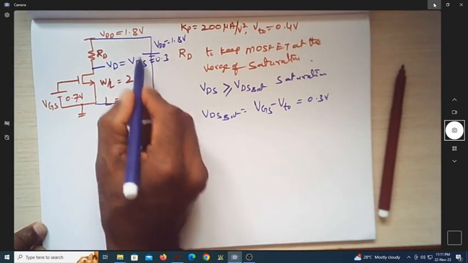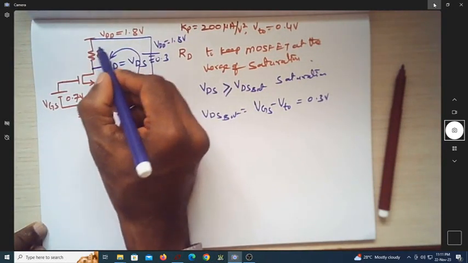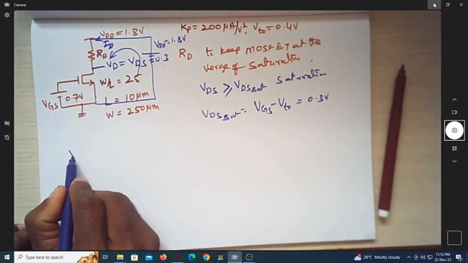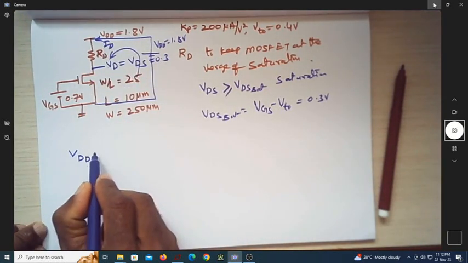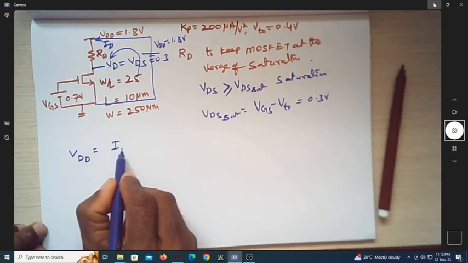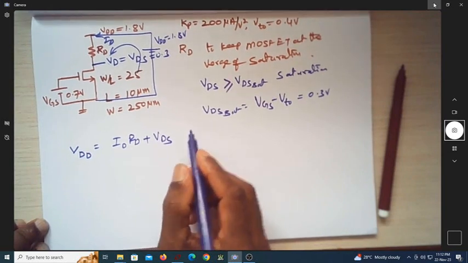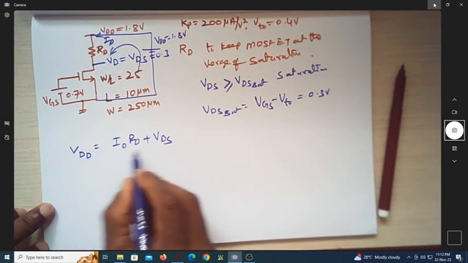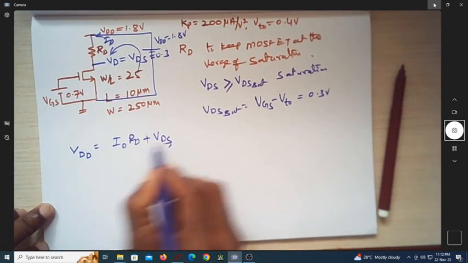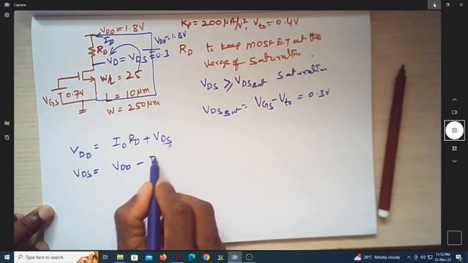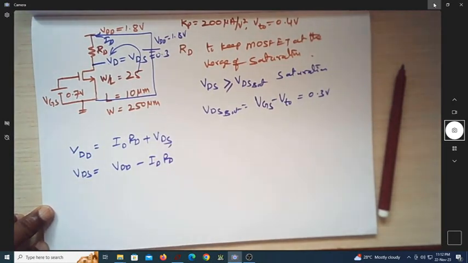If I write a KVL for this loop, considering a current of ID, I can write the expression as VDD is nothing but ID into RD plus VDS. Now I can write VDS is equal to VDD minus ID into RD.